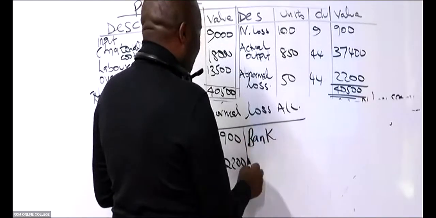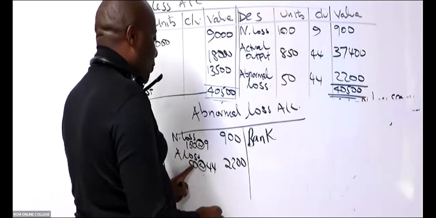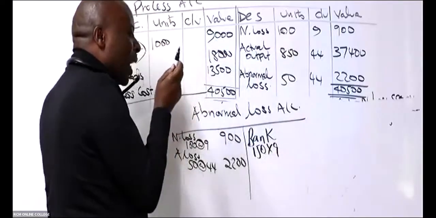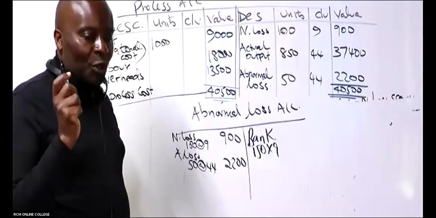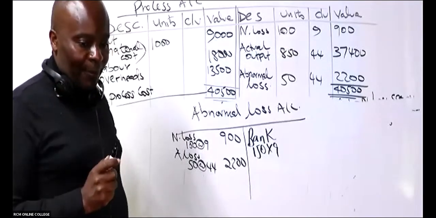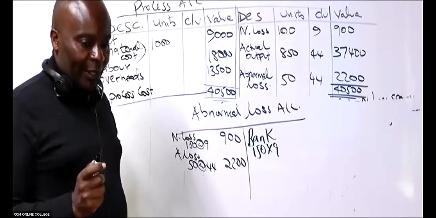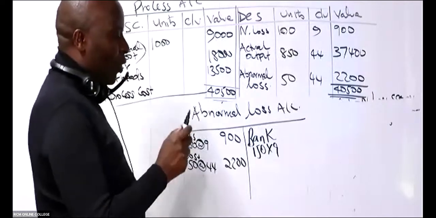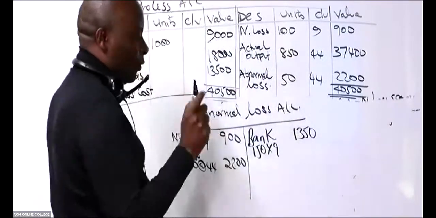Don't forget to scrap them at the scrap value given. So 150 times 9. I'm being given a figure of 1,350.